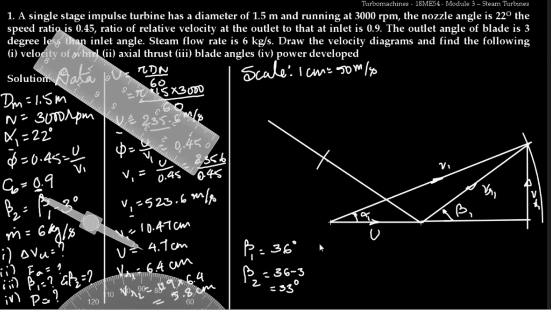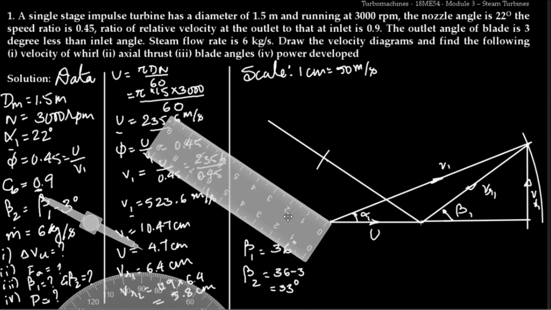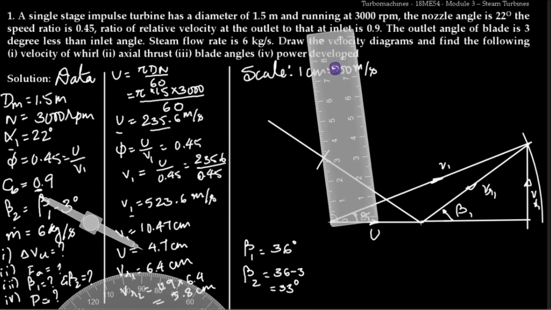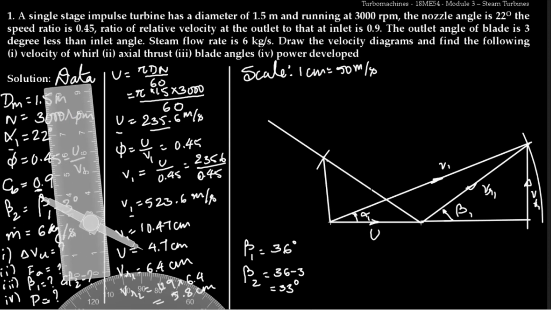Now from this point I'll join the other end. So I'll keep the scale here. Now I'll join this too. Now this is our VR2. This is our V2.